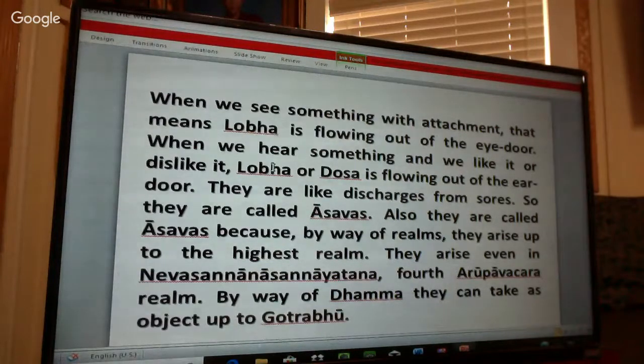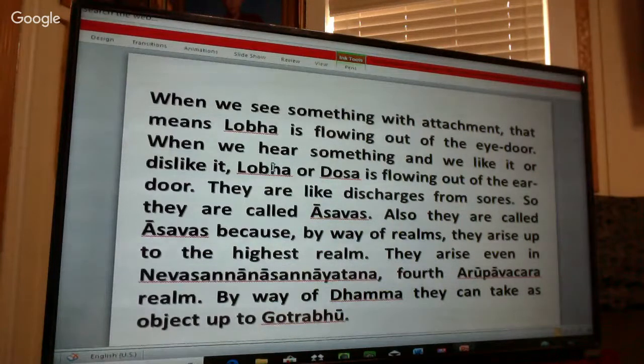And then flowing out, we flow in the stream of asava. So the asava reaches the highest realm, Nevasaññānāsaññāyatana.